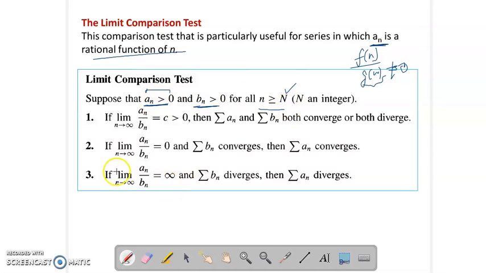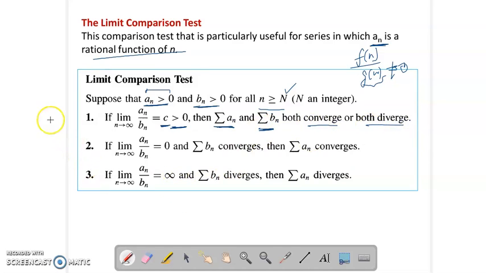Now the first part: if the limit as n tends to infinity of an upon bn is a number c strictly greater than 0, then the series summation an and the series summation bn both converge or both diverge, right?